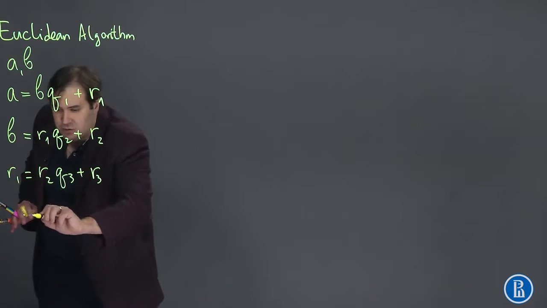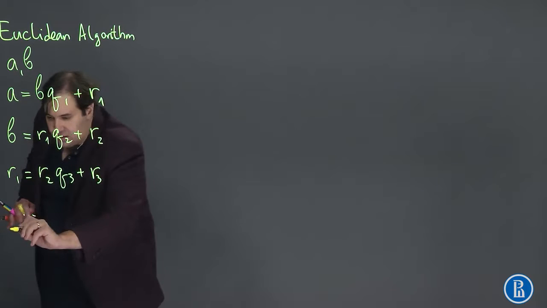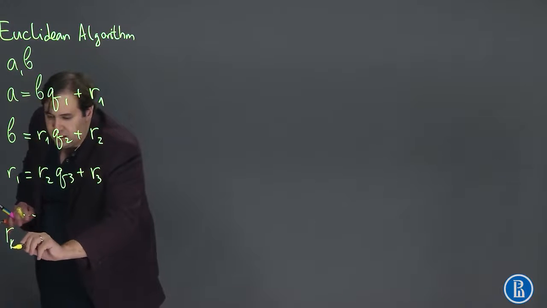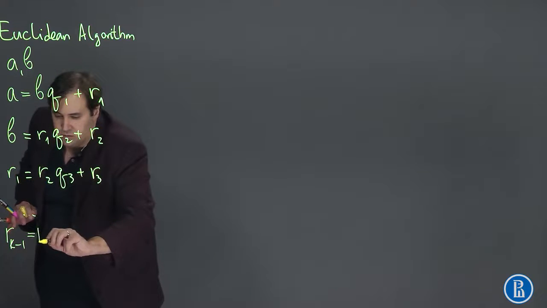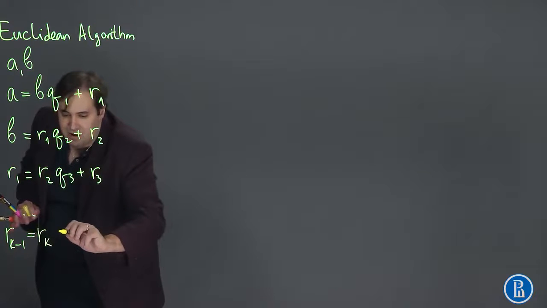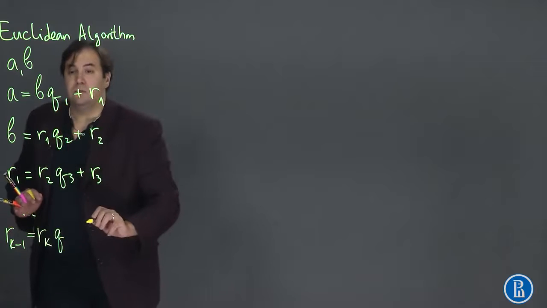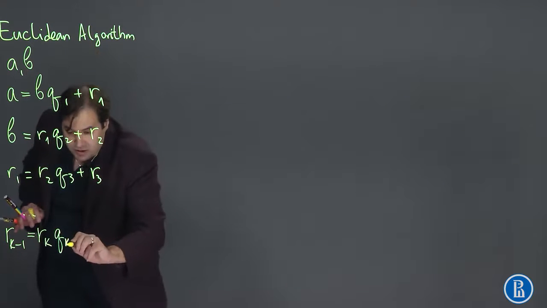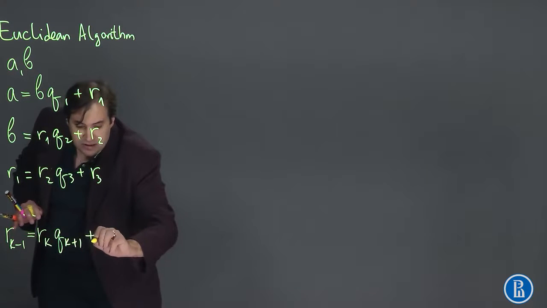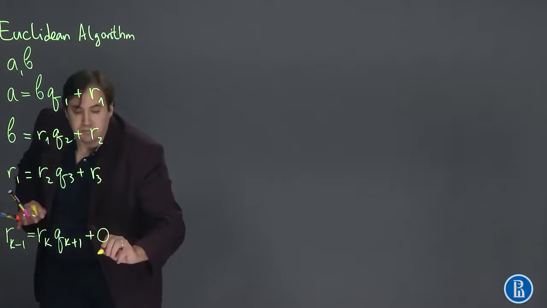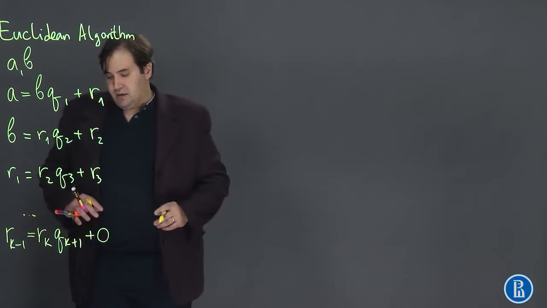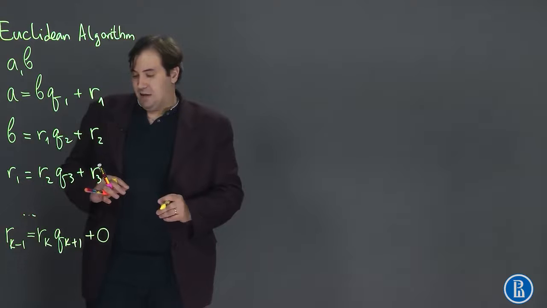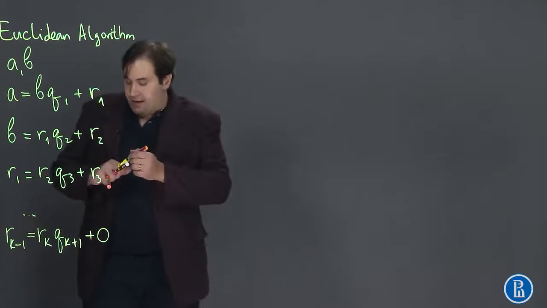Well, let's suppose that it happened when R_{k-1} was equal to R_k multiplied by Q_{k+1}, plus 0. This was the moment when the remainder became equal to 0.